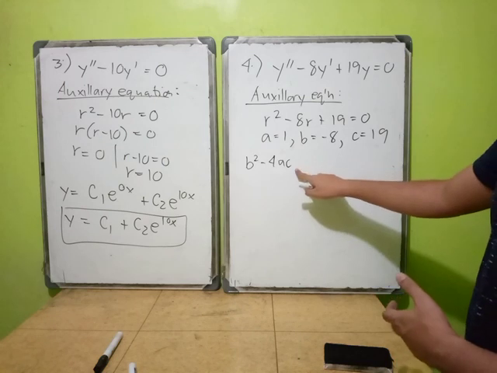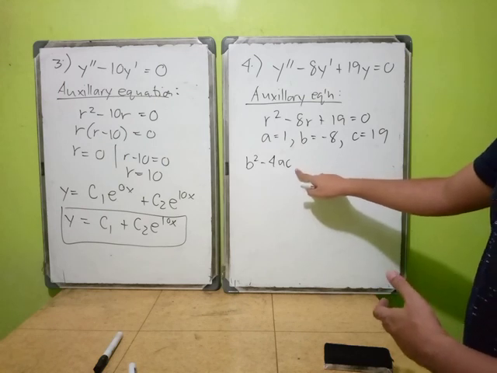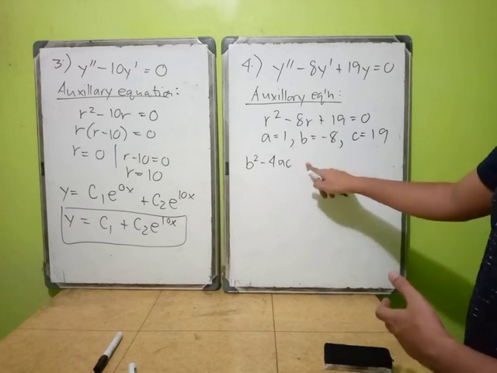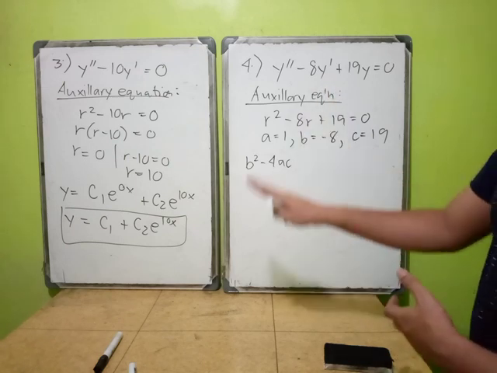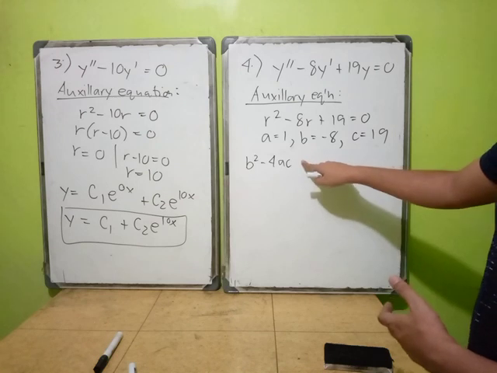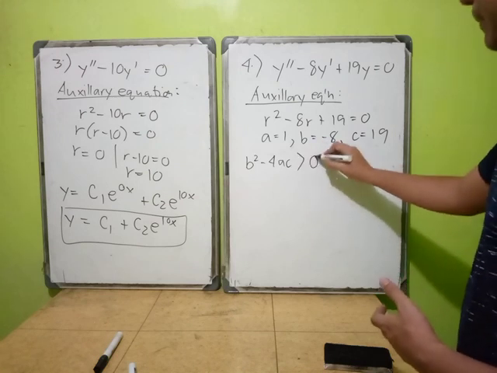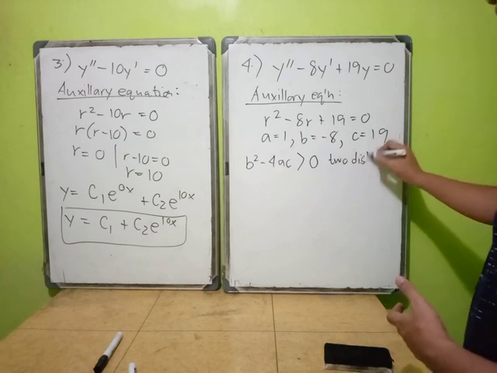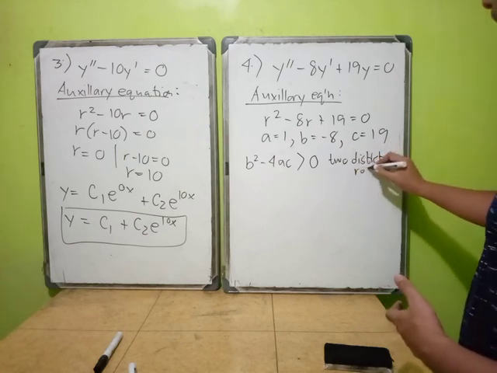If it is greater than 0, you will have two distinct roots. Just a review.